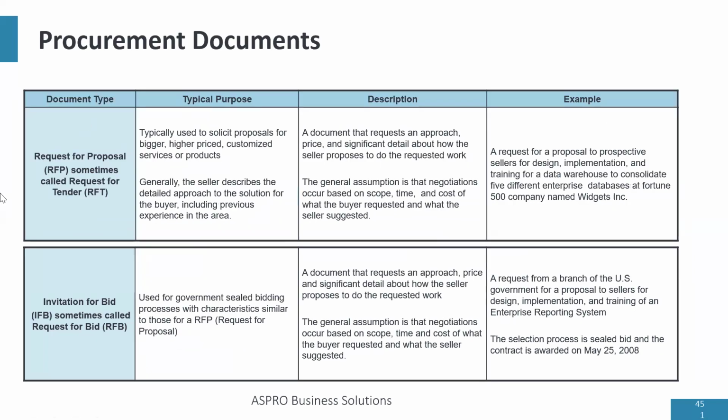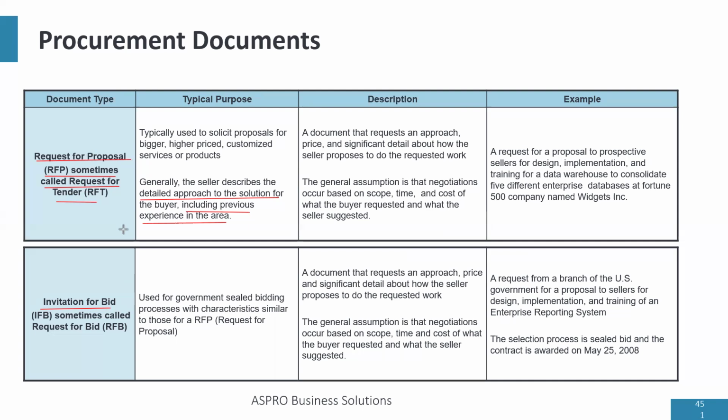Let's look at another procurement document, request for proposal. Now, the request for proposal, sometimes called request for tender, right, is a document that requests proposals from the vendors, including a detailed approach to the solution and previous experience, right? So vendors will submit their proposals. Invitation for bid is exactly the same thing as request for proposal.